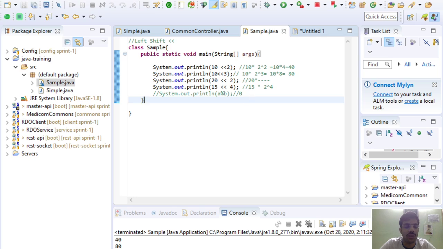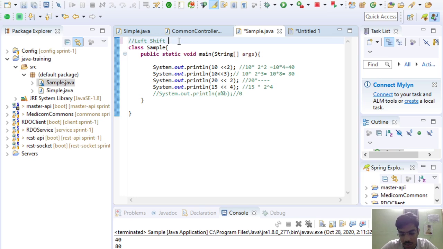That is the difference. Next we will talk about the right shift operator. It is very similar, but with a little variation.